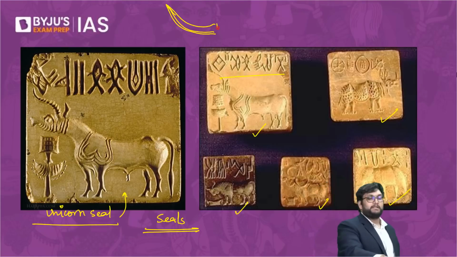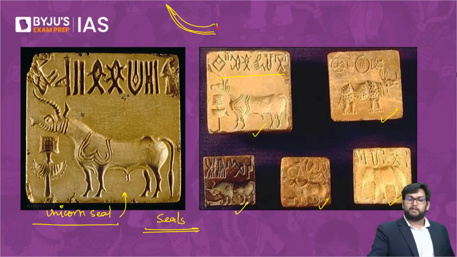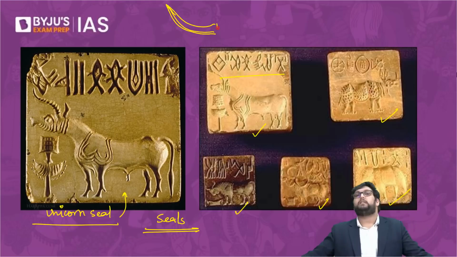Same way, most probably the second horn is also here, but they made it so well that it looks like there's only one horn. Now, very simply, do you still call it something else? No. You call it unicorn seal itself, because simply the categorization is like that. So for the purpose of the examination, is this a unicorn? Yes, it is.